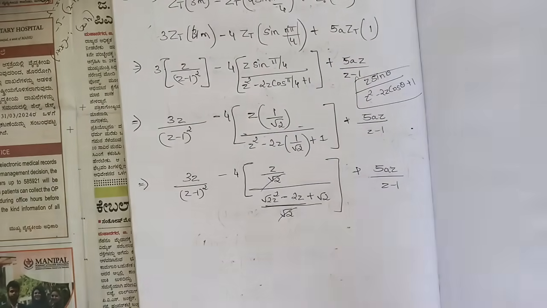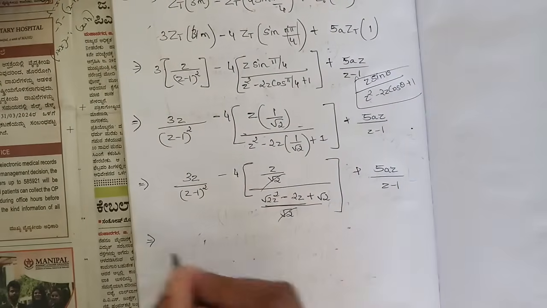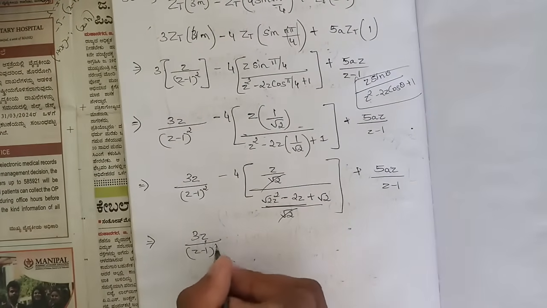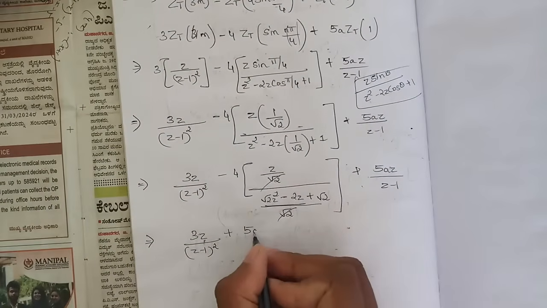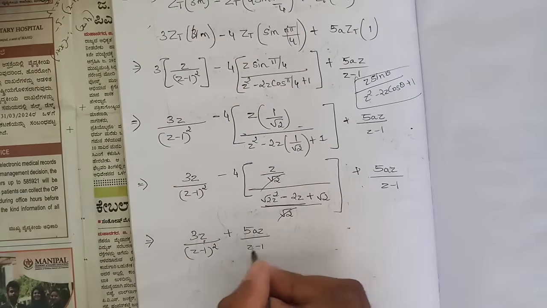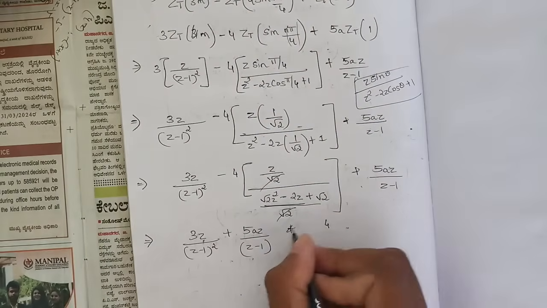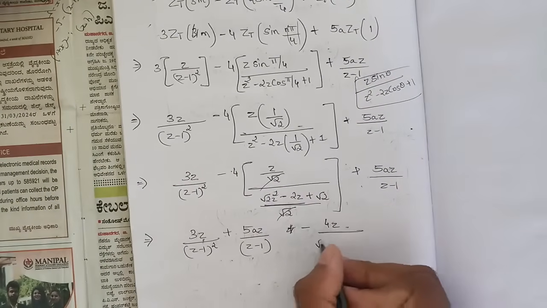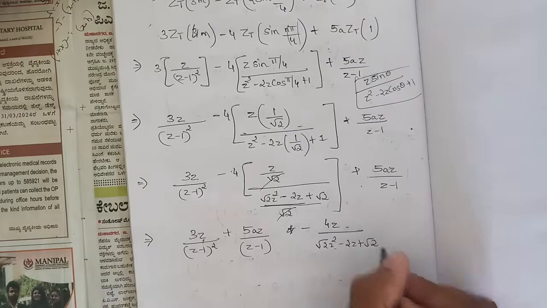So now we can cancel this root 2 since both the denominators are the same. 3z divided by (z minus 1) whole square, and we'll write these two terms together, minus 4 into z divided by root 2 z square minus 2z plus root 2.